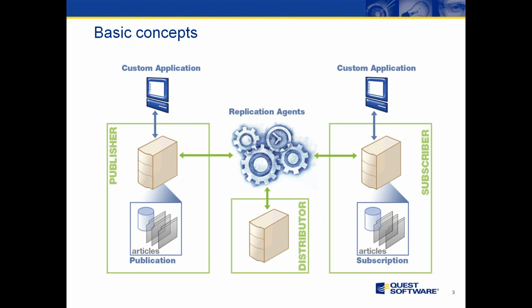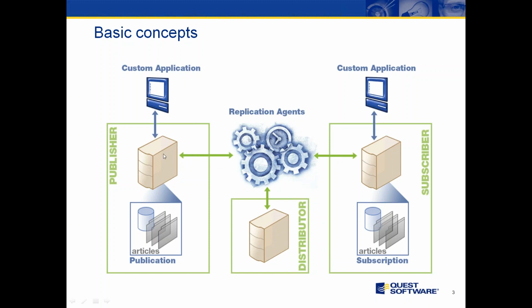We have three types of replication: snapshot, transactional, and merge, and each has its own agent. Using those agents, the data will be picked up from your publisher, and through the distributor, the data will be sent to the subscriber.